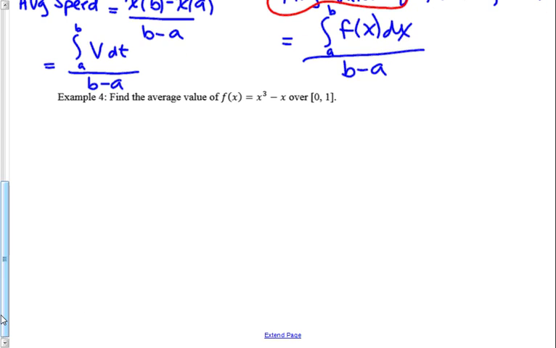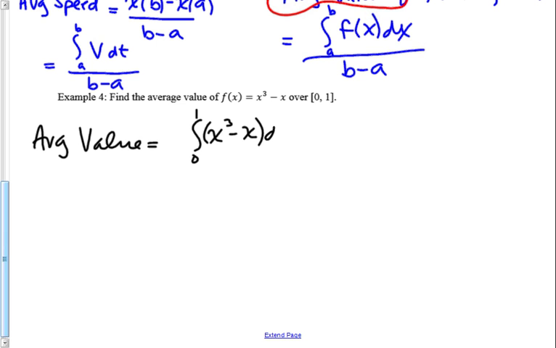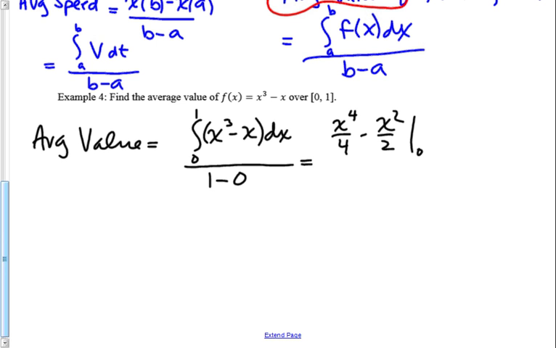So for the next one, we're going to find the average value of f over 0 to 1. Let's set this up. My average value is going to be the definite integral from 0 to 1 of x cubed minus x dx divided by 1 minus 0. So that's going to be x to the 4th over 4 minus x squared over 2 from 0 to 1.